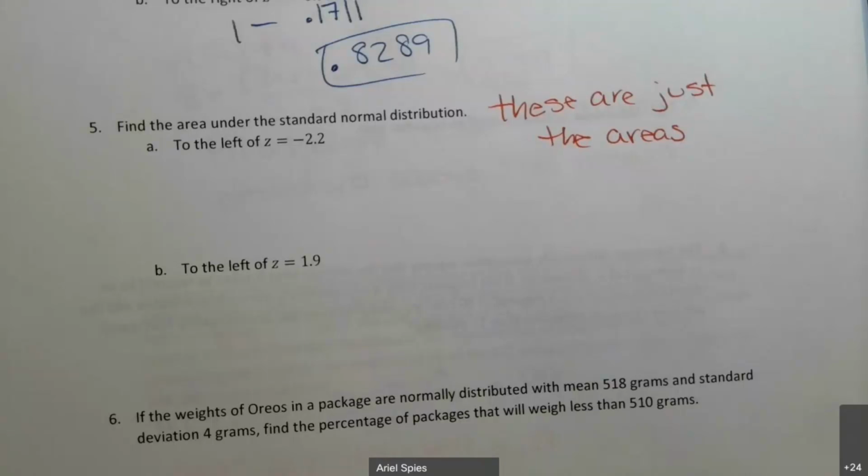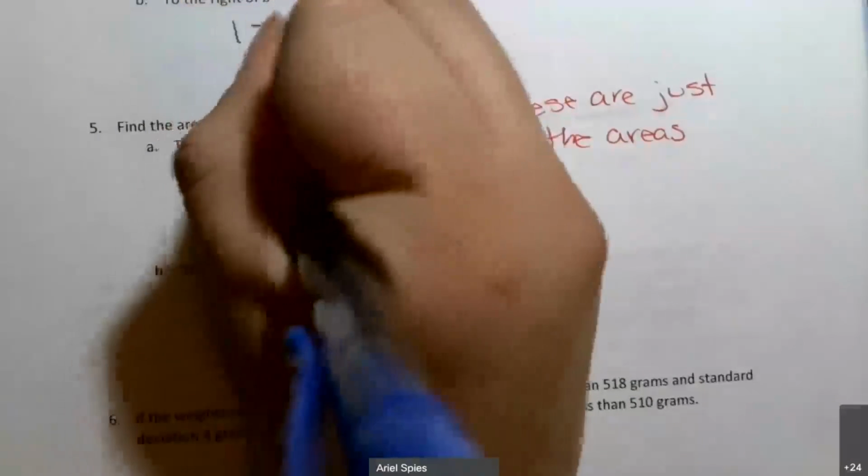So for A, I want to look up negative 2.2, which gives 0.0139.